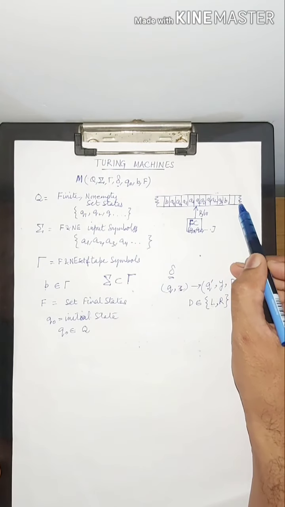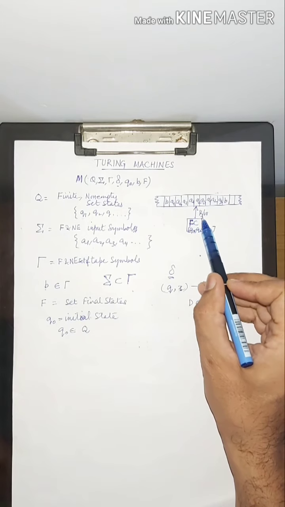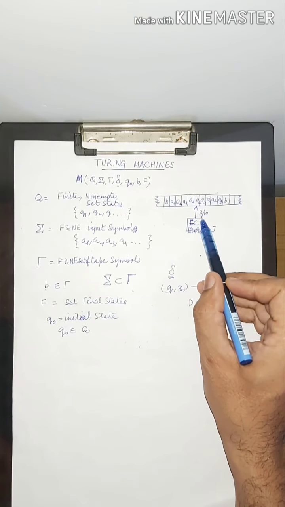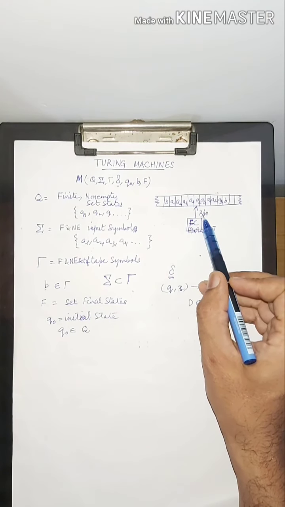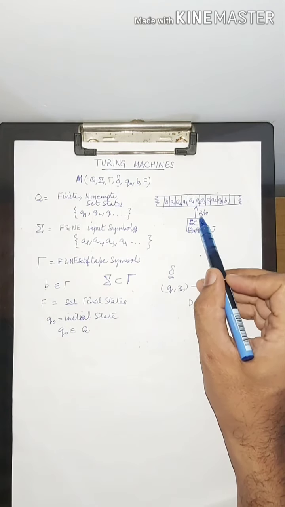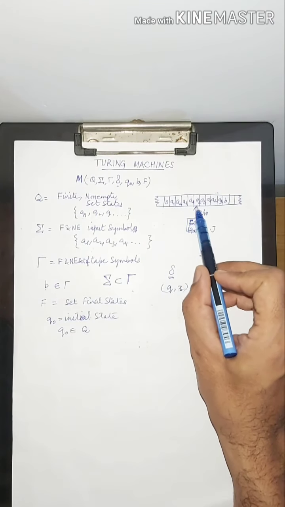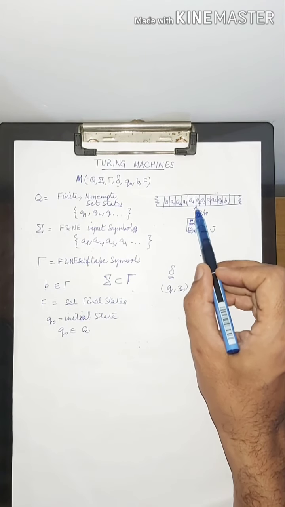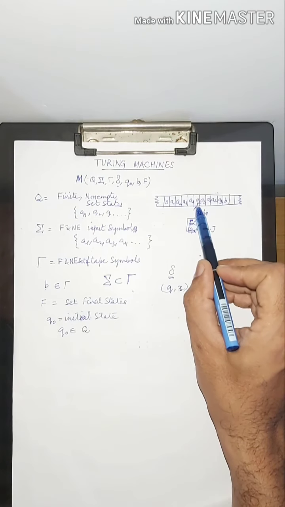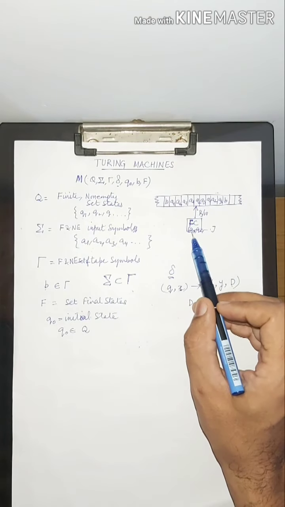Apart from this tape, we have a read-write head. Note it down that this time we have a head which can read as well as write. Earlier, in case of finite state automata, we had the head which could read only. So the specialization of this head is that it can read information from a particular location, and write also, meaning this information is quite probable to be changed after the transition.